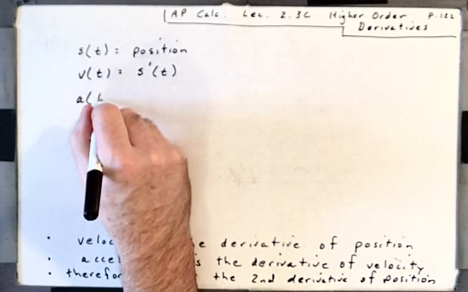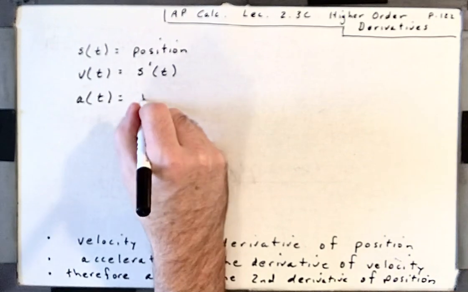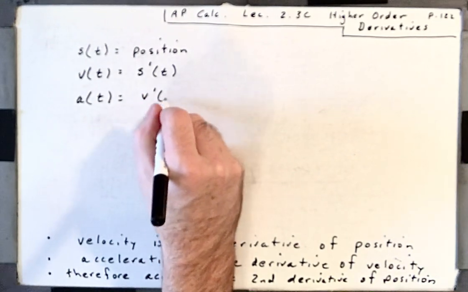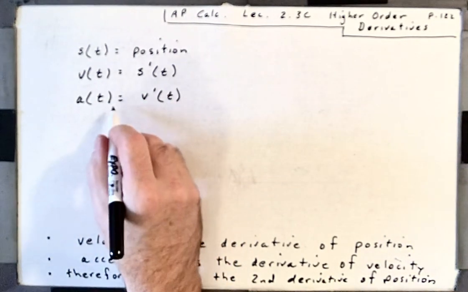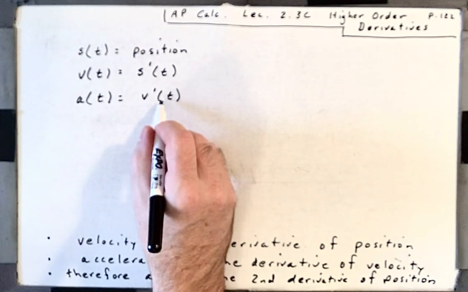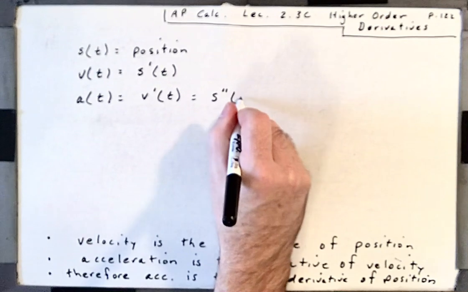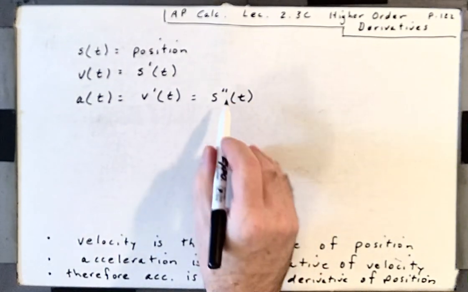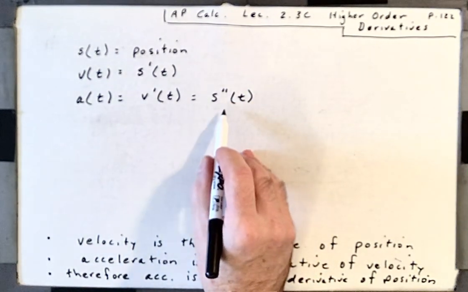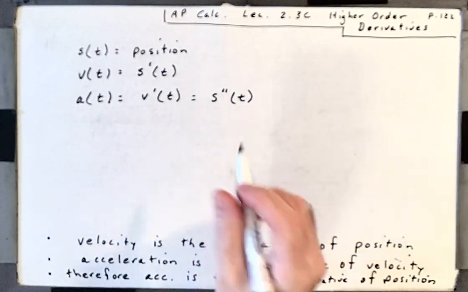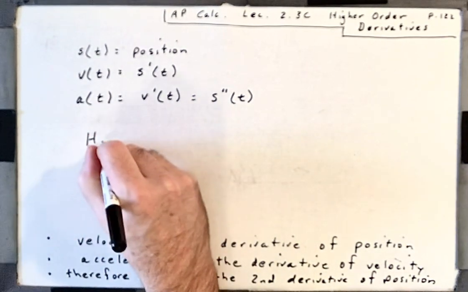A of t is equal to v prime of t, excuse me. Get to take the derivative of velocity. And that's just going to be the second derivative of position. So if you want to get acceleration, you have position, you just need to take 2 derivatives of the position function.